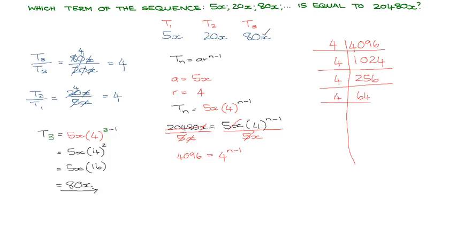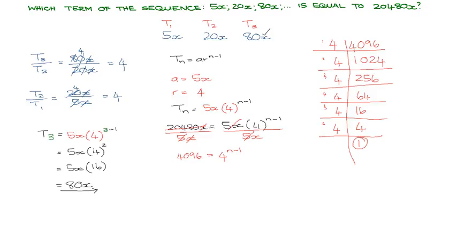Then 64 divided by 4 is 16. And 16 divided by 4 is 4. And 4 divided by 4 is 1. As soon as you hit 1, you know you've gotten to the end and it is correct. Notice we divided by 4 only, so we can make our base numbers the same. Now we just have to count how many we have. 1, 2, 3, 4, 5, and 6.